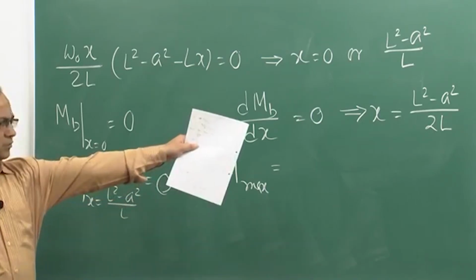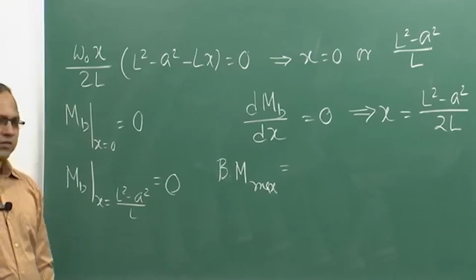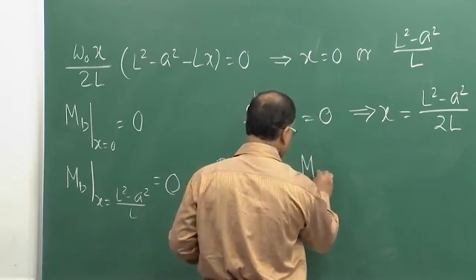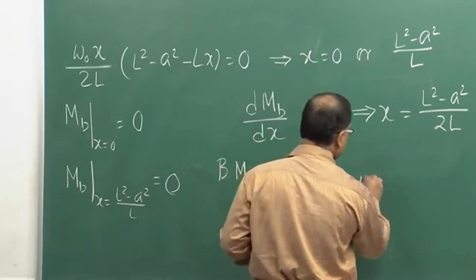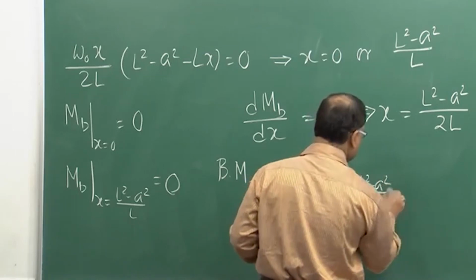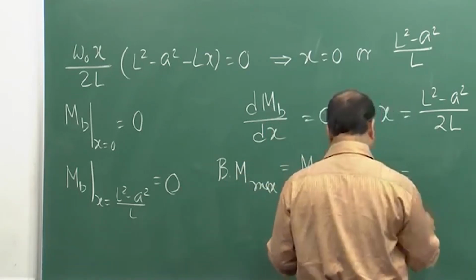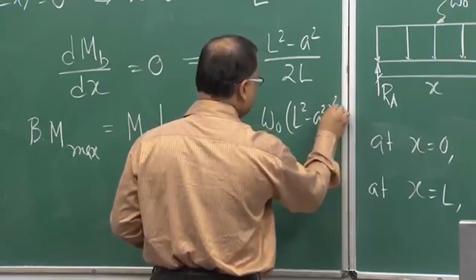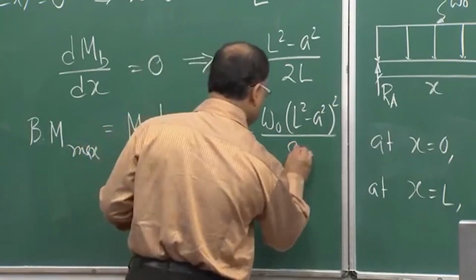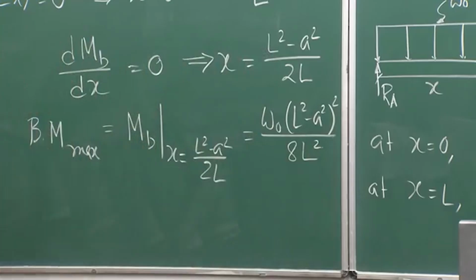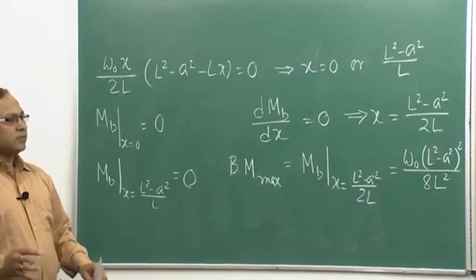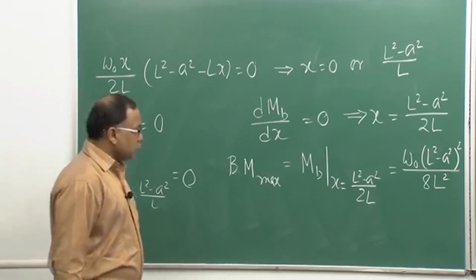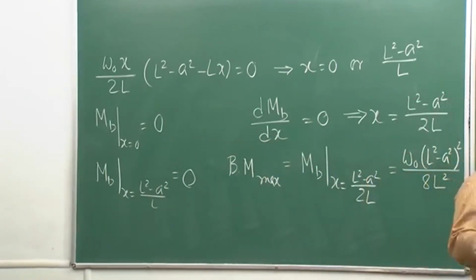So, the maximum value of your bending moment therefore will be at x equal to (L square minus A square) by twice L, equal to W naught (L square minus A square) whole square by 8 L square. So, this is the maximum value of bending moment which is occurring between 0 and L. Okay. So, these are the informations will be required when we will be drawing the bending moment diagram.